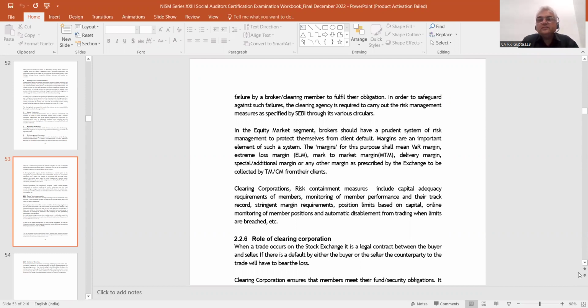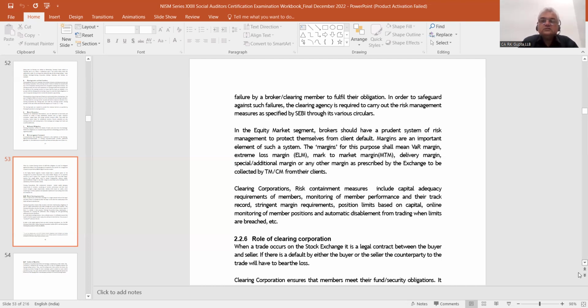The margins for this purpose shall mean VAR margin, extreme loss margin, mark-to-market margins, delivery margins, special or additional margin, or any other margin as prescribed by the exchange to be collected by the trading member or clearing member from the clients. Because that margin will ensure that the loss which occurred to the other party is met.